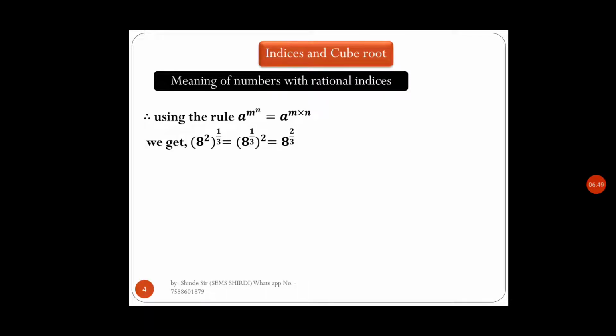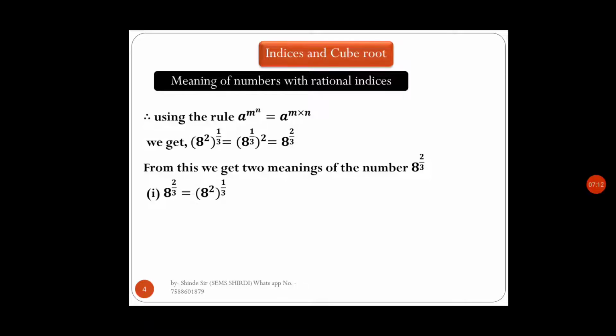There are two ways: 8 squared raised to 1 by 3, or 8 raised to 1 by 3 in bracket squared. In this way we write 8 raised to 2 by 3. From this we get two meanings of 8 raised to 2 by 3.